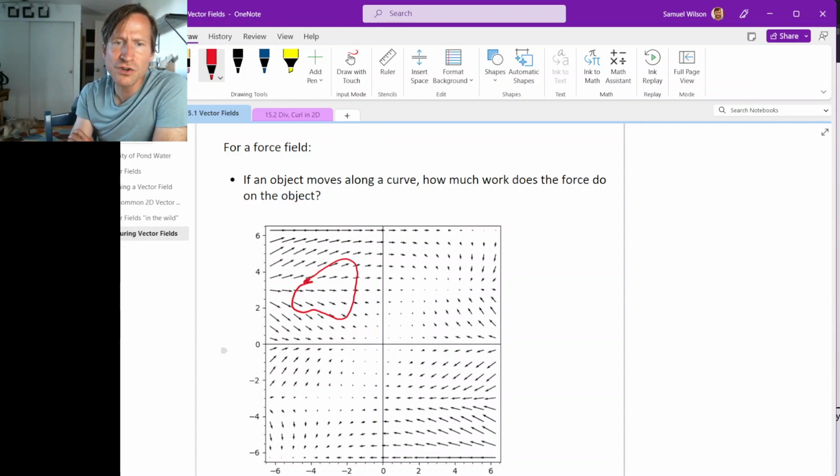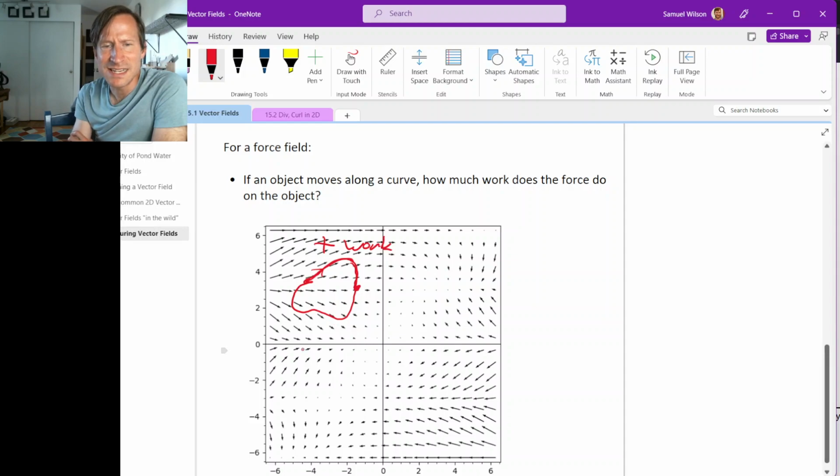Along the first portion of this path, up to about here maybe, these force vectors are pointing in the direction of motion, roughly speaking, not totally, but roughly speaking. And when the force is in the direction of motion, that's positive work. So the force field is doing work on the object.